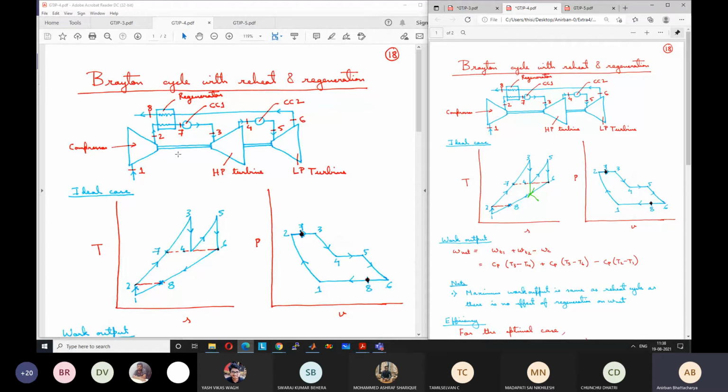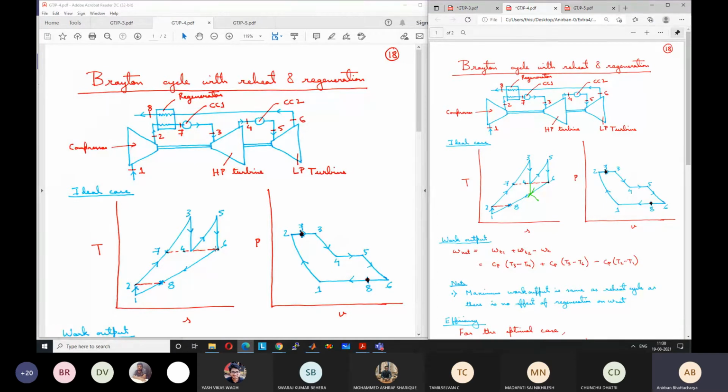So from 7 to 3 is the heat addition in the first combustion chamber at constant pressure. From 3 to 4 is the high pressure turbine expansion. 4 to 5 is the heat addition in the second combustion chamber, again at constant pressure. 5 to 6 is the isentropic expansion in the low pressure turbine. From 6 to 8 is the heat removal from the exhaust gases in the regenerator.